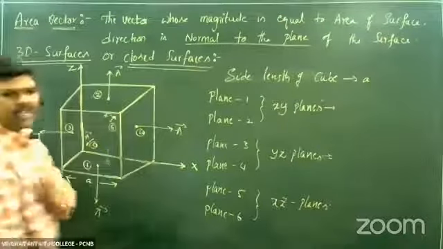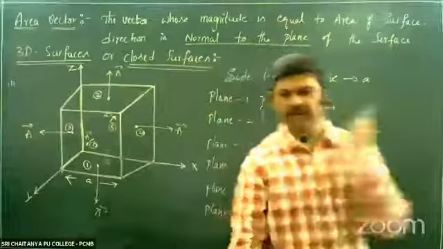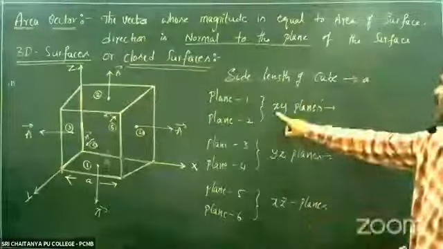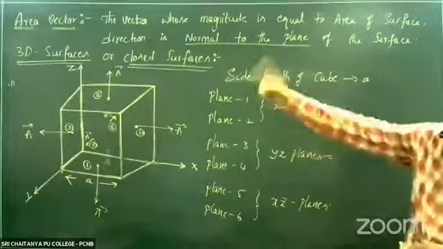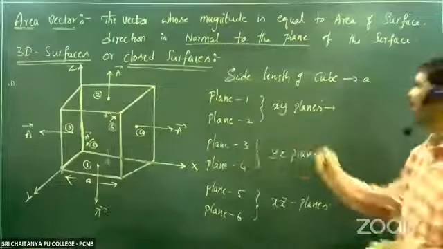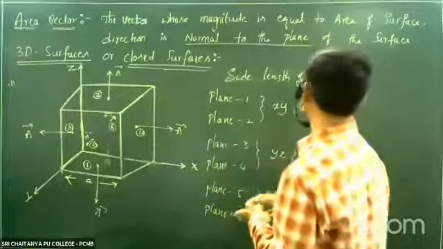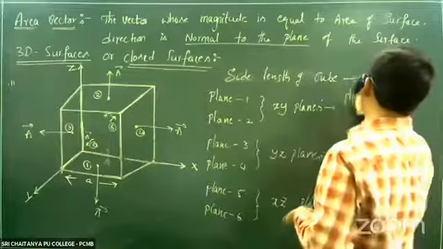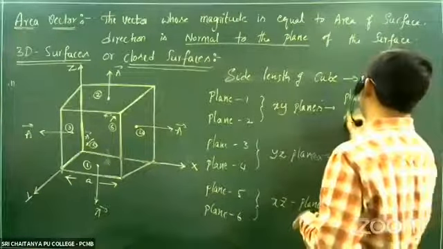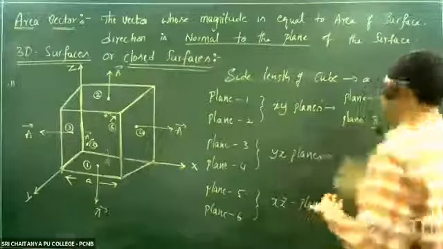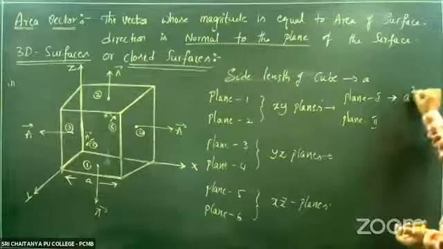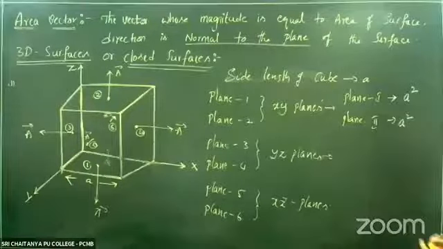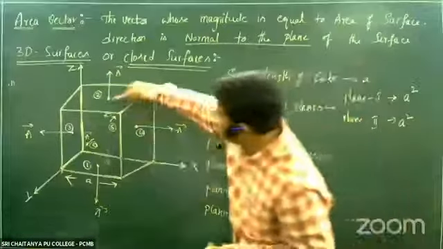We know the area vector should always be normal to the plane, right? Tell me now, if it is an XY plane, what is the area vector for that plane and for this plane? XY planes, plane 1, plane 2. Magnitude is A square for both. Direction?